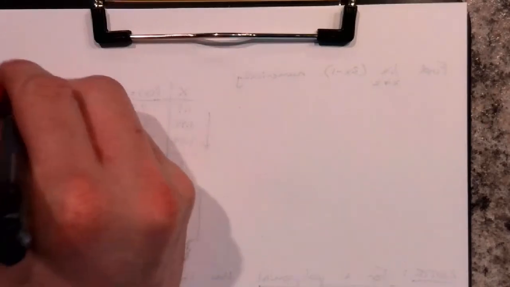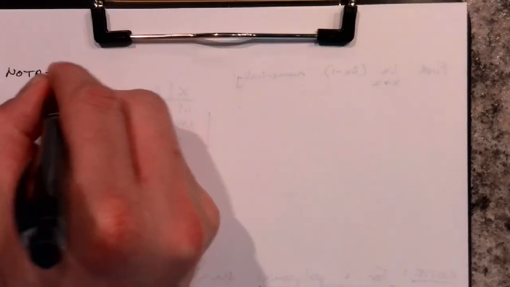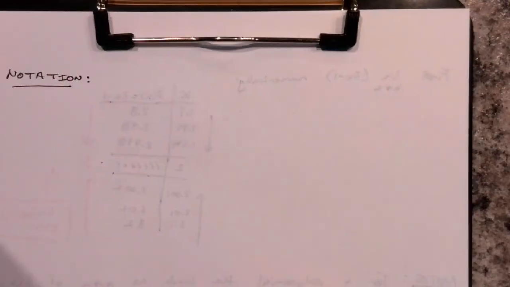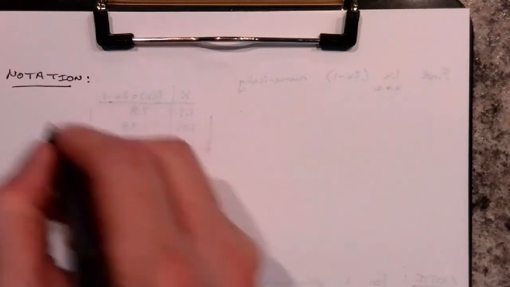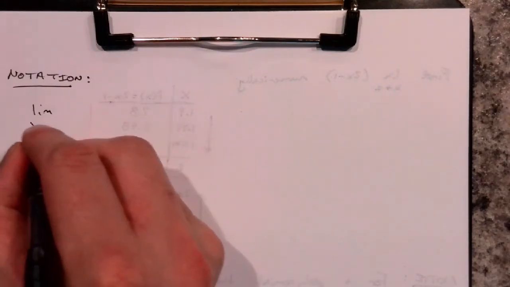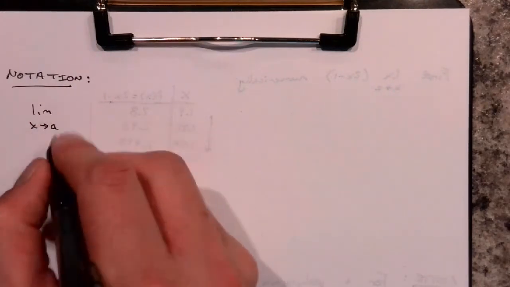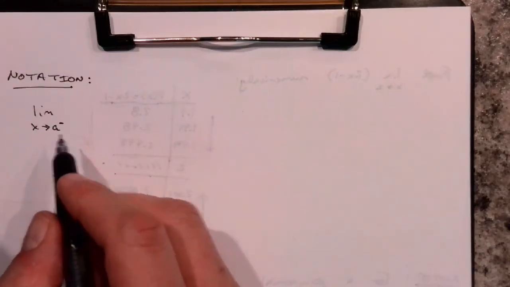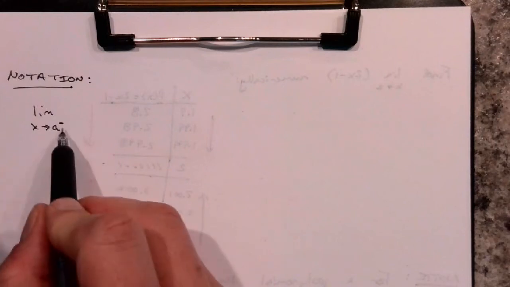So for our notation, if I write this, the limit as x approaches a, I put this little minus sign. That means from the negative side, which really means from the left side, right? The negative numbers are to the left. So this is really saying from the left side.